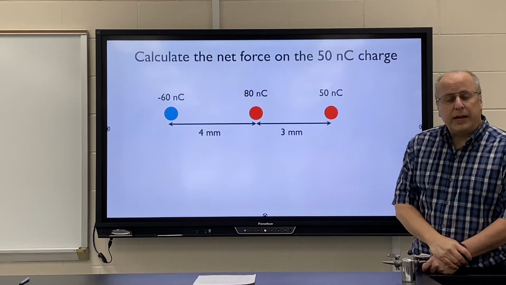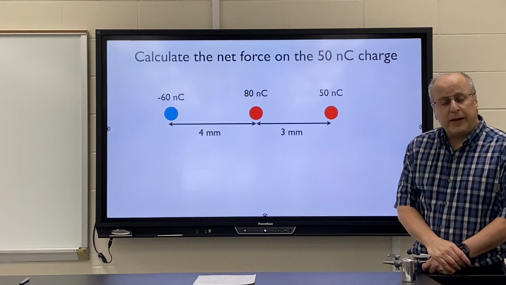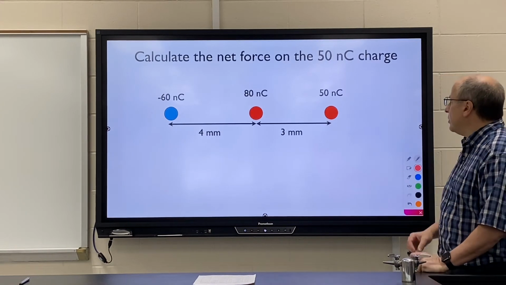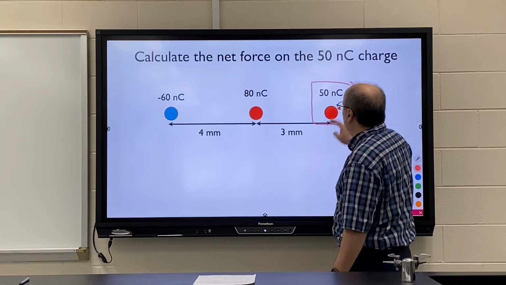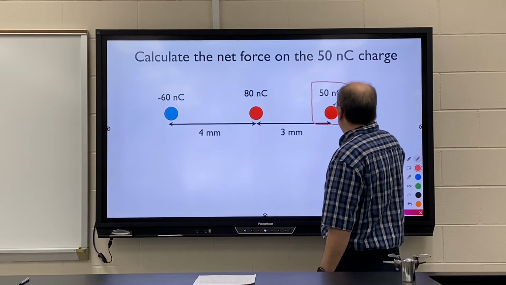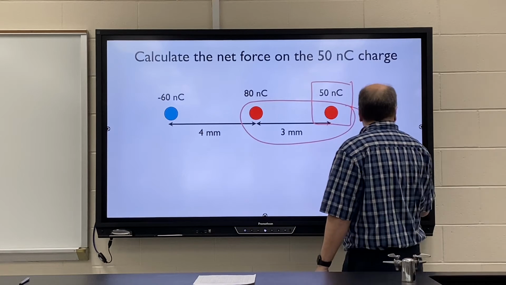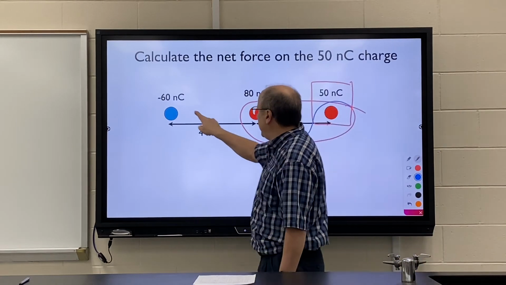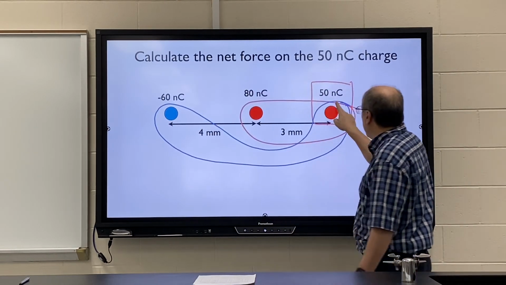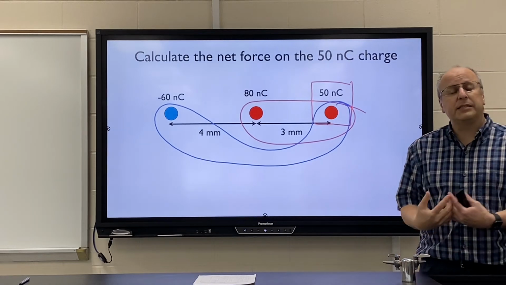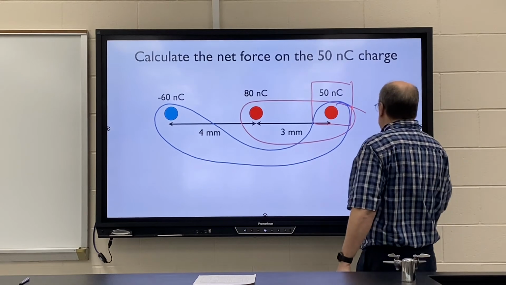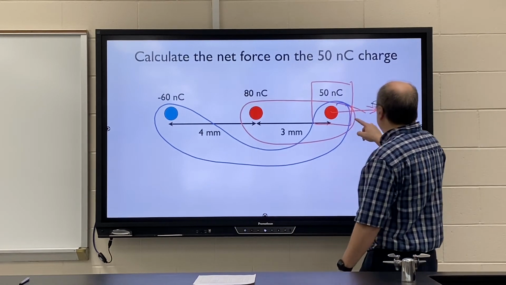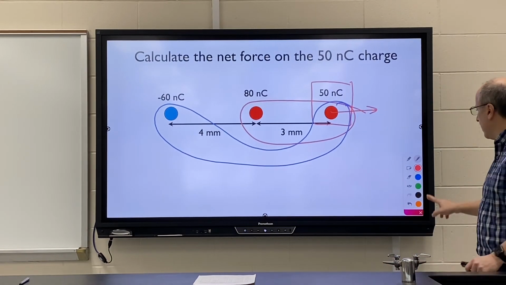Okay, we'd like to learn how to deal with situations where we have more than just two charges. So if you were asked to find the net force on this charge, you would have to find the force between these two, then find the force between these two, and then decide if they're going in the same direction or if they're opposing each other. So the 80 is positive, it's going to repel the 50.